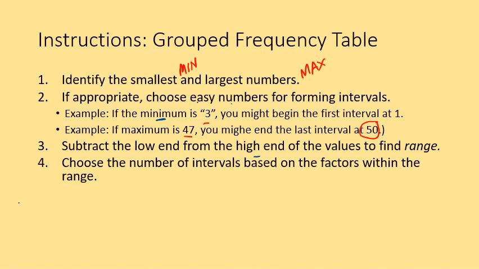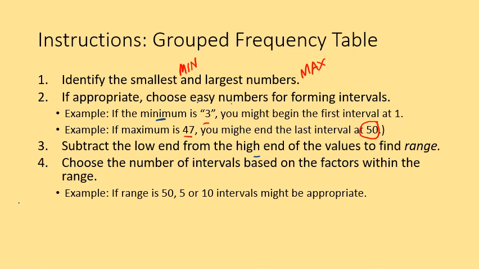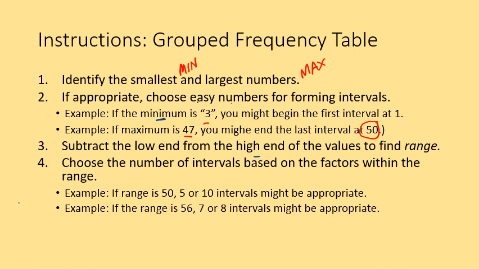We then choose the number of intervals based on factors within the range. And what I mean is, if the range is 50, then we know that 5 goes evenly into 50 or 10 goes evenly into 50, and so we would want to choose intervals of 5 or 10. If the range is 56, we might choose intervals of 7 or 8, because 7 and 8 both go evenly into 56.